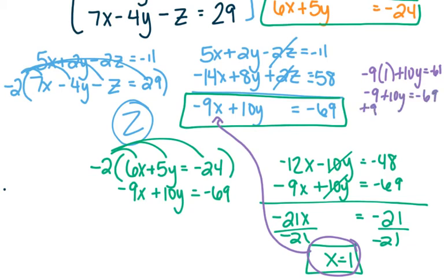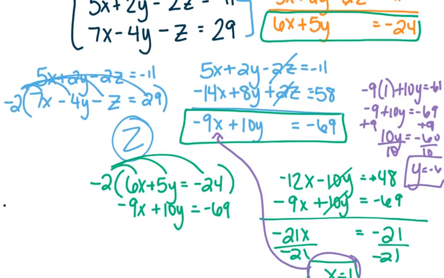I'm going to add 9 to both sides. 10y, oh, this is getting really ugly, sorry. Equals, let's see, negative 60, and then I'm going to divide both sides by 10, so I get y equals negative 6. So now I have two answers, and I'm going to use these to plug them into really anything I can find.